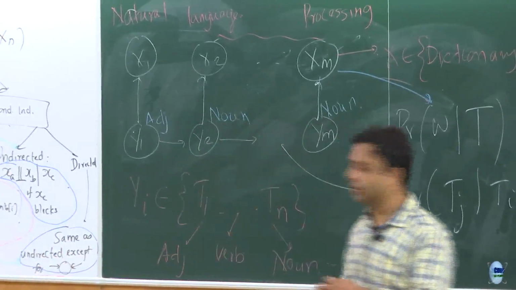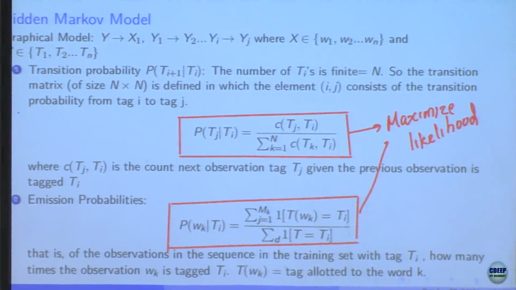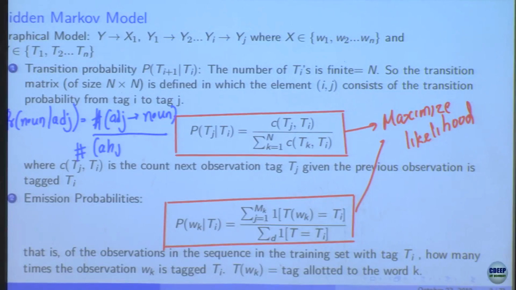Okay, so let me write that in plain words here. So the probability of noun given adjective is the number of times an adjective was followed by a noun, that's the count part, divided by the number of times an adjective was seen at all.